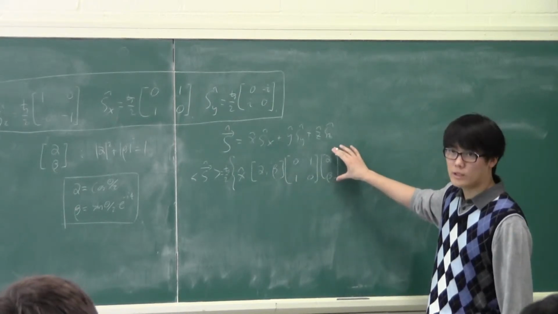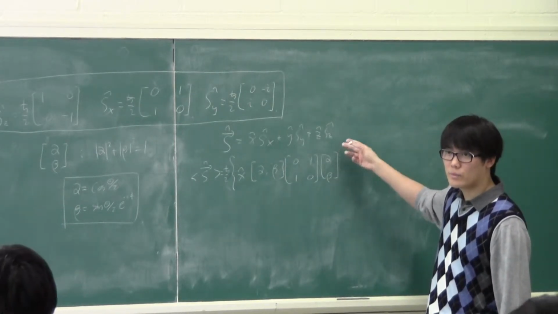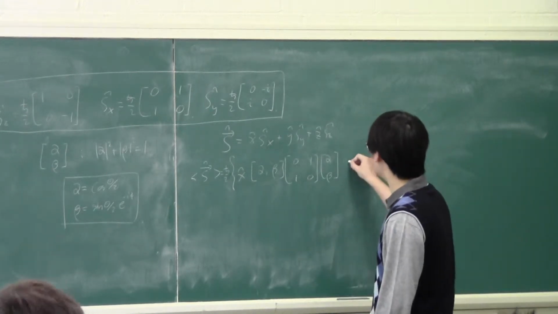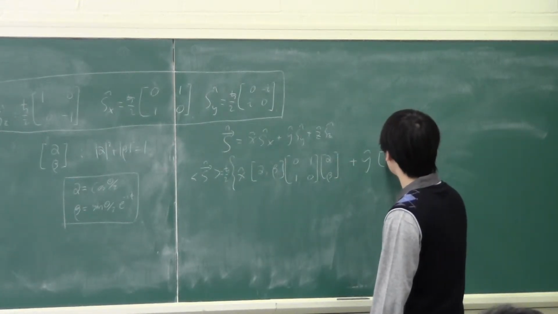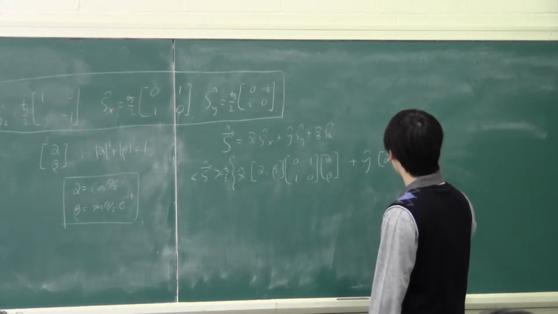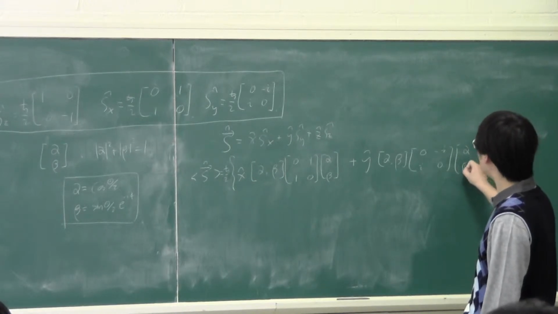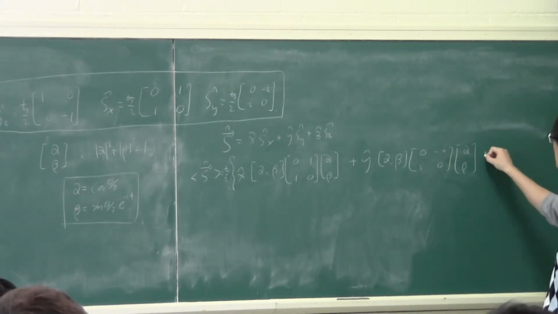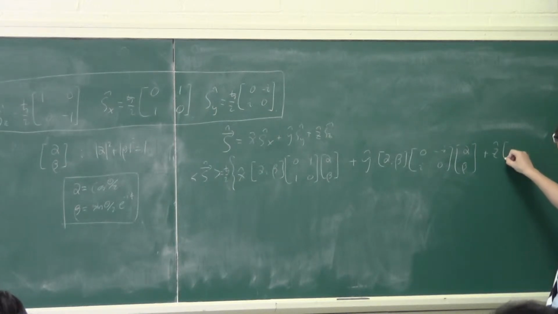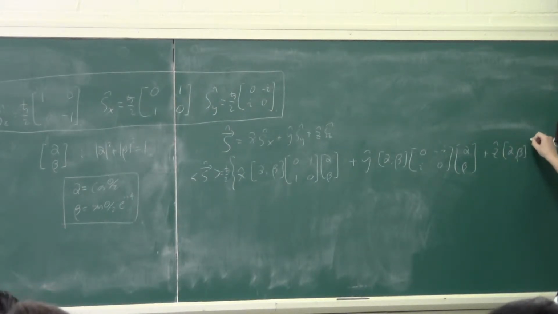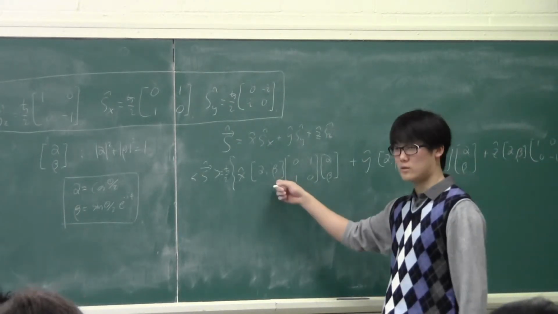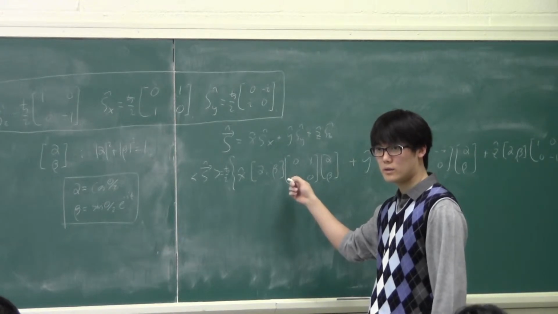This just flips the components, right? So you get beta, alpha. And in the y component, you'll have alpha, beta, times 0, minus i, i, 0, times alpha, beta. And in the z component, you'll have alpha, beta, times 1, 0, 0, minus 1, times alpha, beta. Pretty simple. So this one goes to alpha beta plus beta alpha.